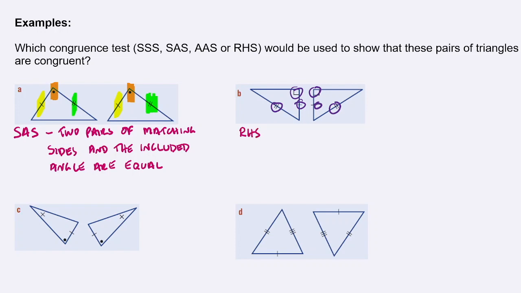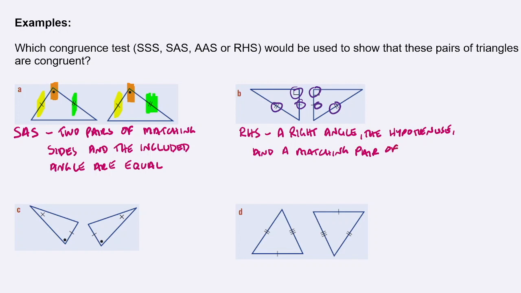That is because we have those features: a right angle, the hypotenuse, and a matching pair of sides, or corresponding pair of sides, that are equal. So all those bits and pieces are equal, so we're using the RHS test.